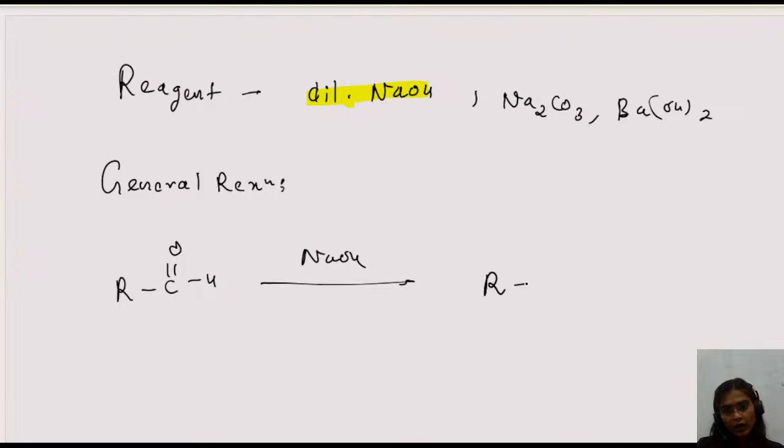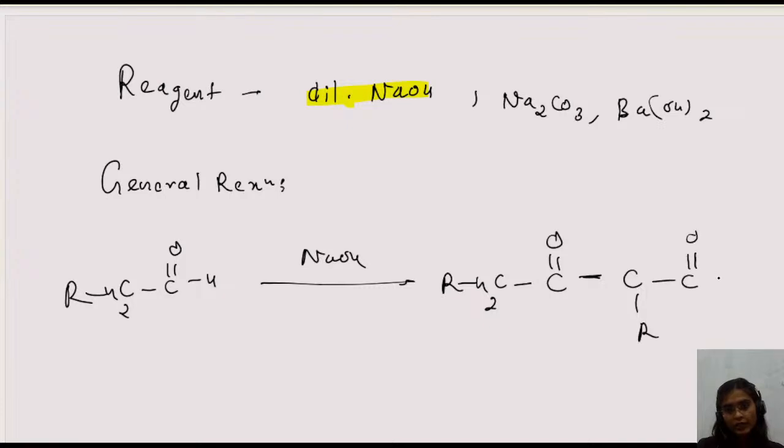What we get is a CO group connected to CH2, because we require at least one alpha hydrogen, with R on it. So basically this is the kind of product we get in this case.